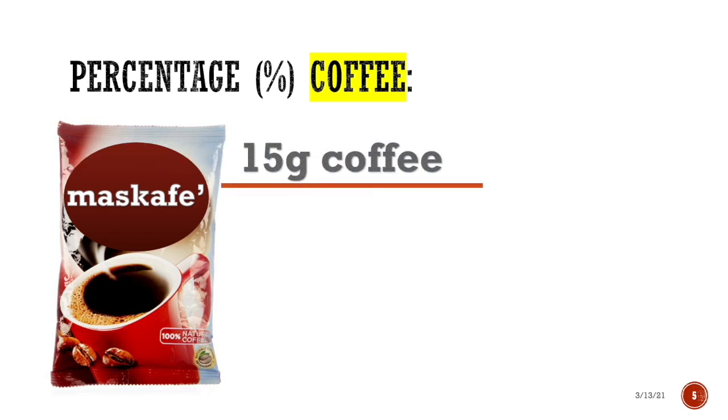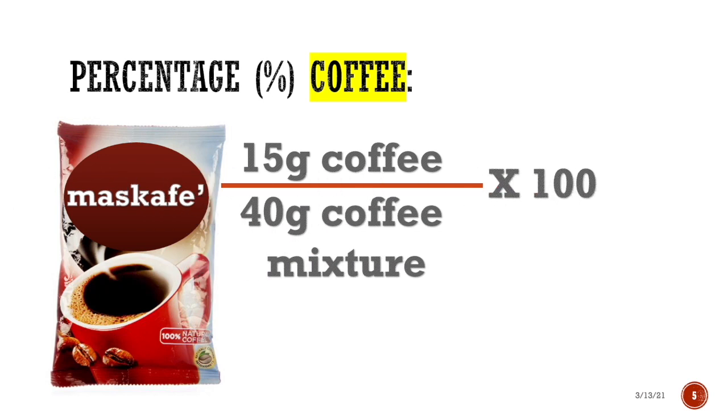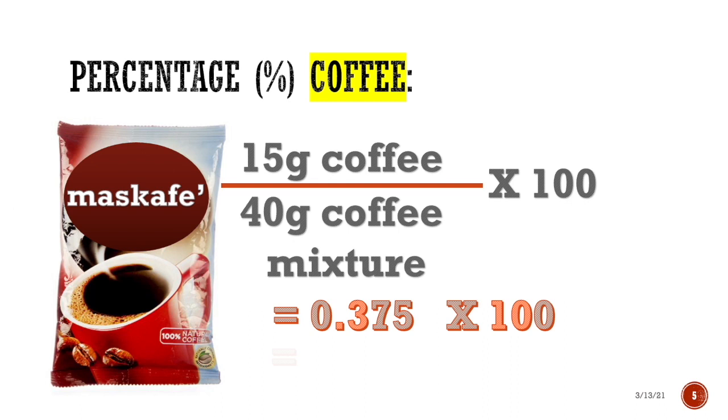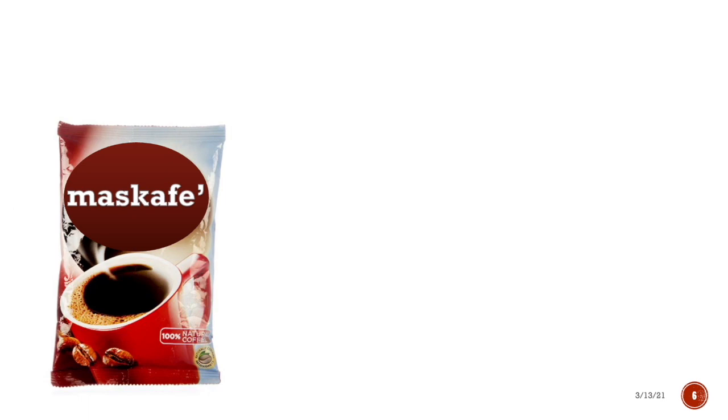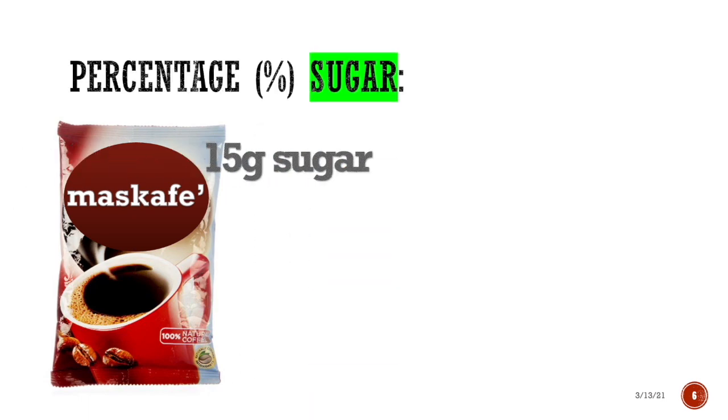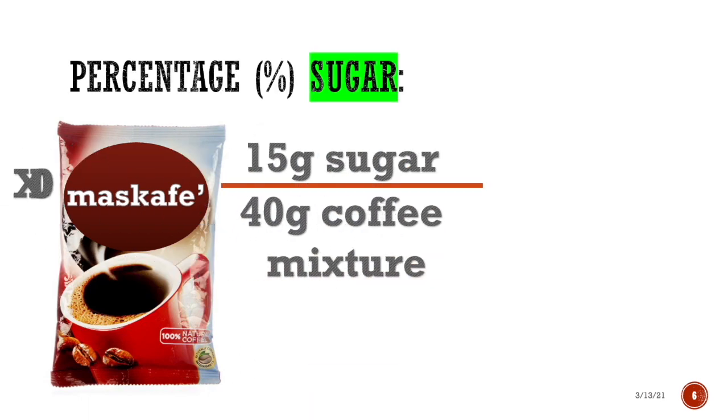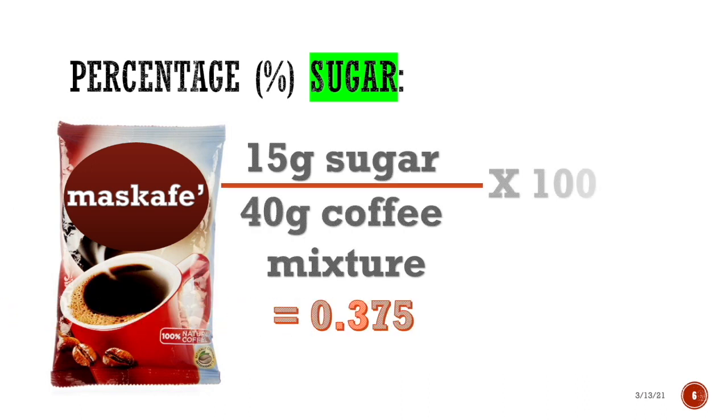15 grams of coffee divided by 40 grams of coffee mixture equals 0.375. Multiply this by 100 and you get 37.5%. Now what about sugar? 15 grams of sugar divided by 40 grams of coffee mixture equals 0.375.